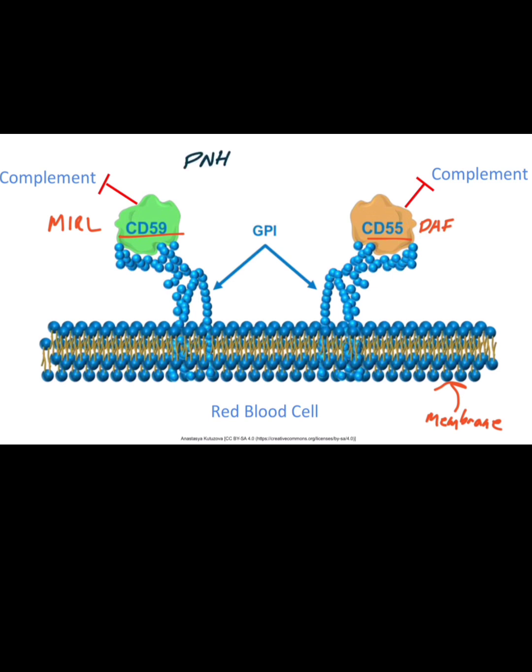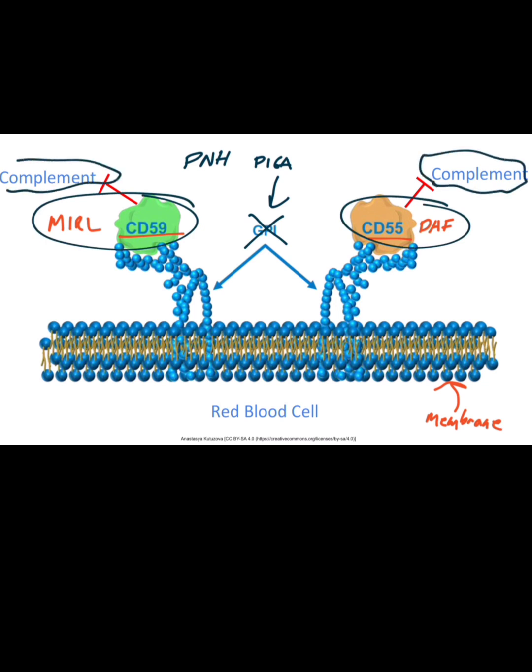So again, paroxysmal nocturnal hemoglobinuria results from a PIG-A gene deficiency or mutation, which leads to a deficiency in GPI protein, which means there's no way to anchor these important proteins. Therefore, complement on the red blood cell surface will be unregulated and unfettered, and these red blood cells will lyse.